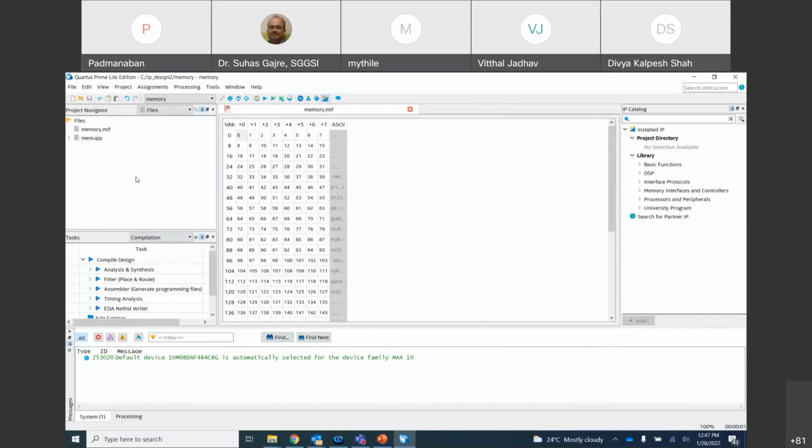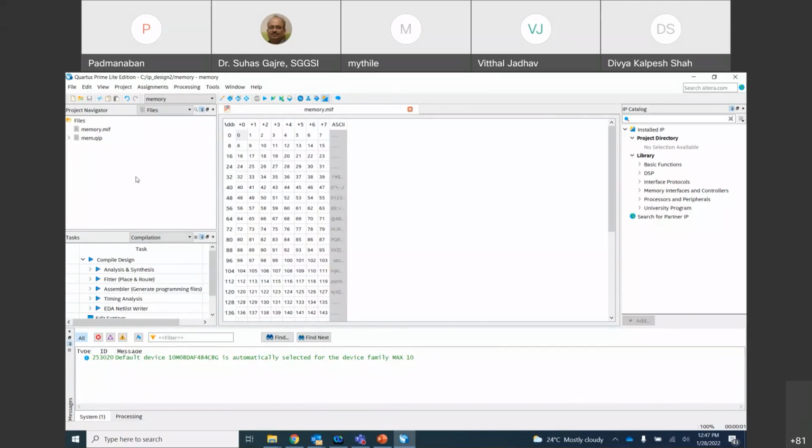Till now, we were trying to do this design at the block level. But can we do that at the system level? We want to create multiple blocks and generate them together, and yes, that is possible. For that, we use a tool called Platform Designer, which is already integrated with the Quartus Prime Design software.